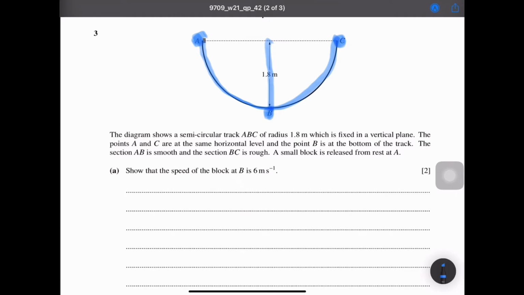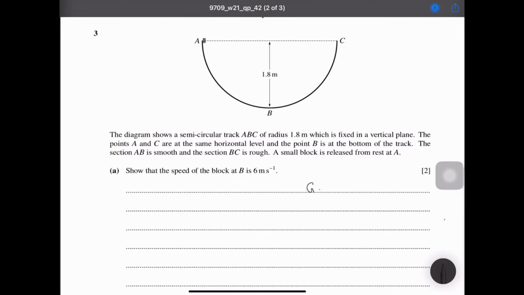The section AB is smooth, I mean this part is smooth, and section BC, this part, is rough. A small block is released from rest at A. We need to find the speed of that block at B, which is 6 meter per second.